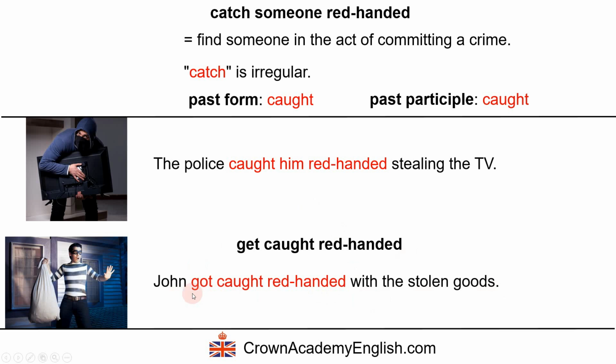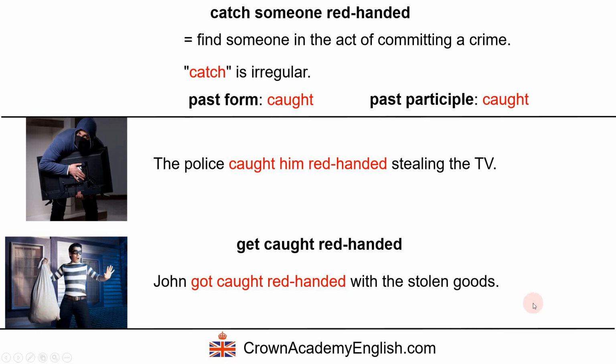Okay, so this means that, yes, it's similar to a passive, in fact. So John got caught red-handed with the stolen goods. So got caught by the police, okay, in the process of, so in the act and with a bag of stolen goods.